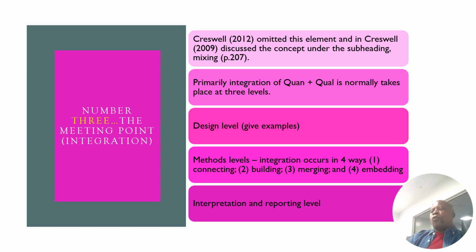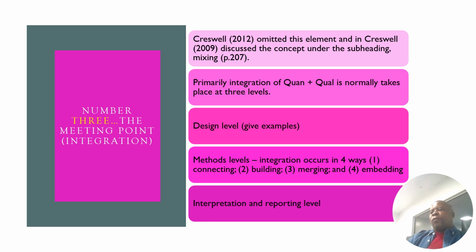And when we talk of merging, we are saying we are bringing both qualitative data and quantitative data together, then we analyze them at once. But this merging possesses a lot of challenges, because it needs someone who has a good skill to analyze both types of data, quantitative and qualitative.